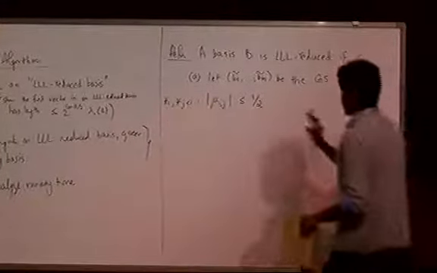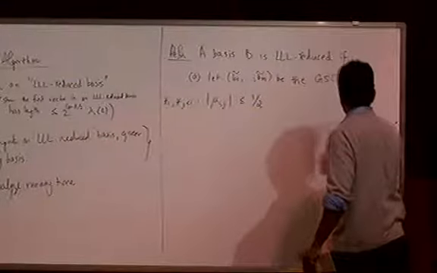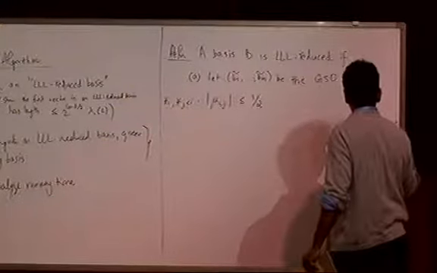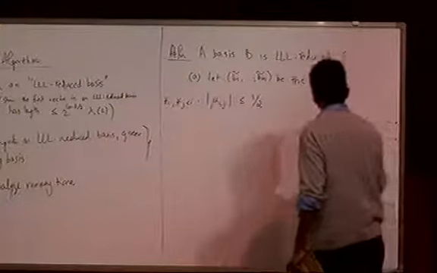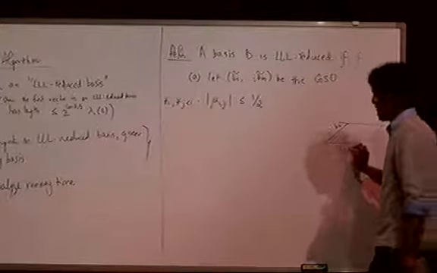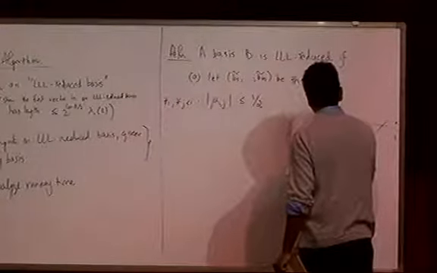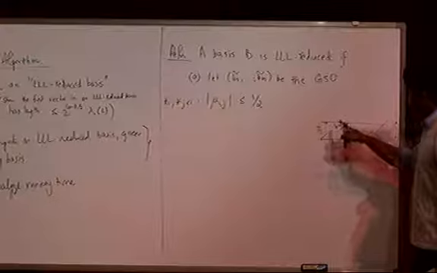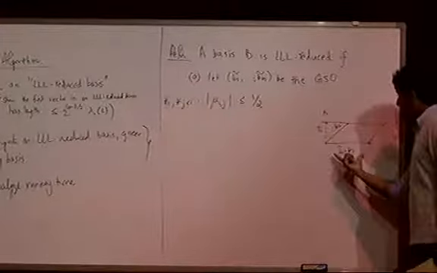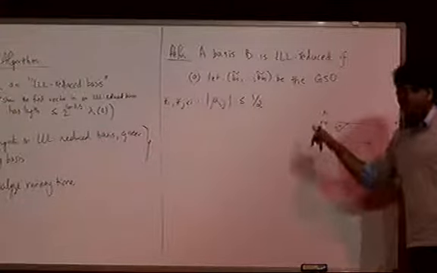Remember, what is mu sub ij? Let's look at this basis, B1, B2, and so forth. What is B1 tilde? It is equal to B1. What is B2 tilde? It's this orthogonal component. And mu 2,1 in this case is the multiple of B1 by which I shift B2 to get B2 tilde.